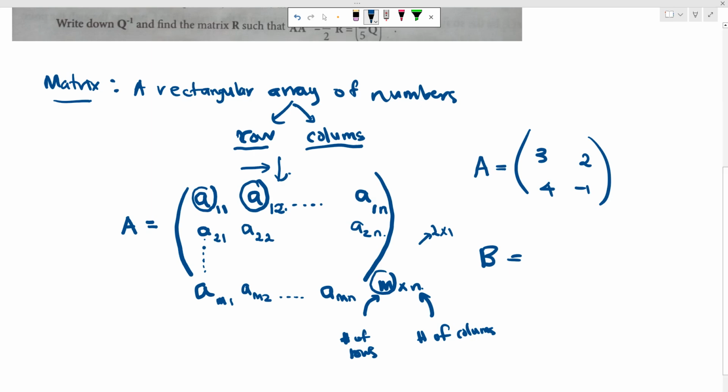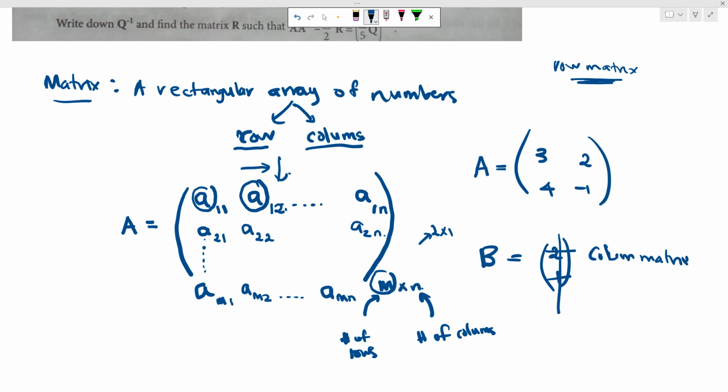We have several classifications of matrices. We have the row matrix, which means it has only 1 row. And this is a column matrix. For example, 2, 1: it has 2 rows and 1 column, so this is called a column matrix.